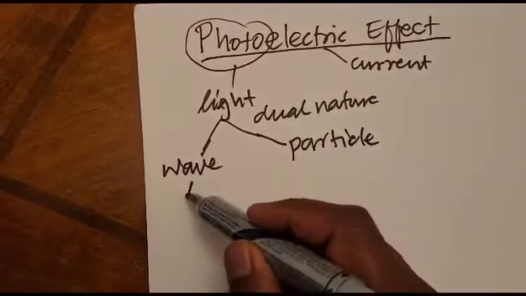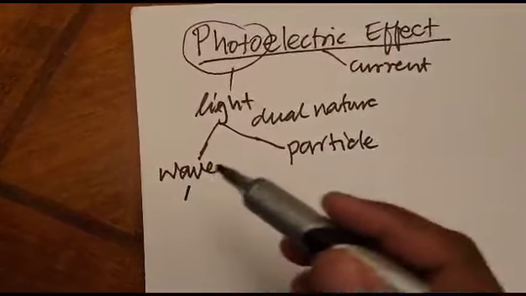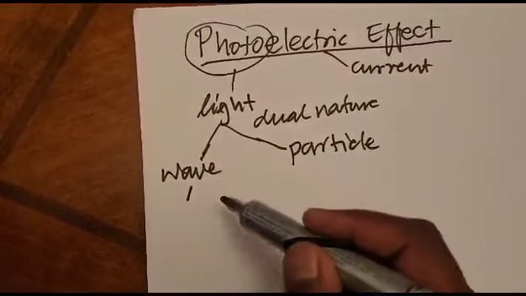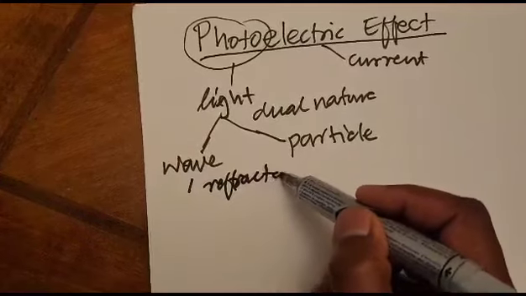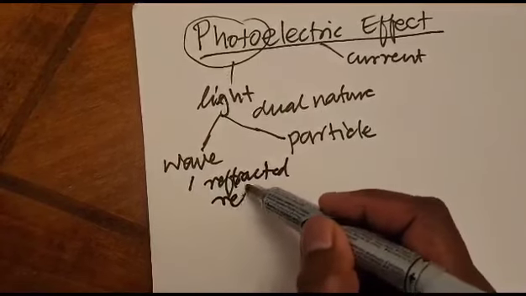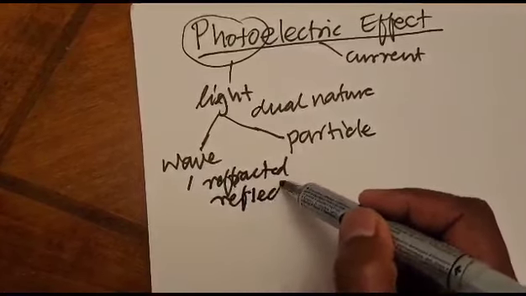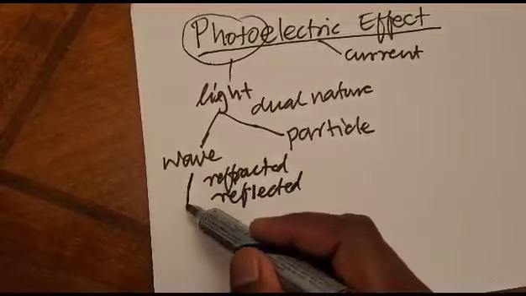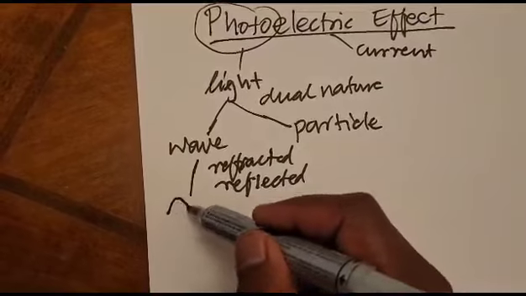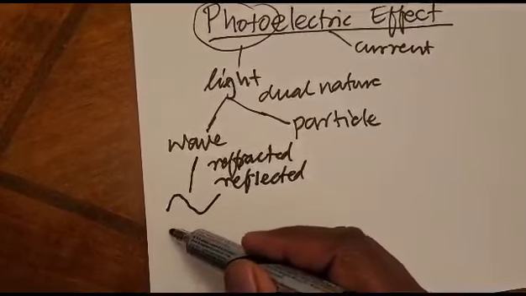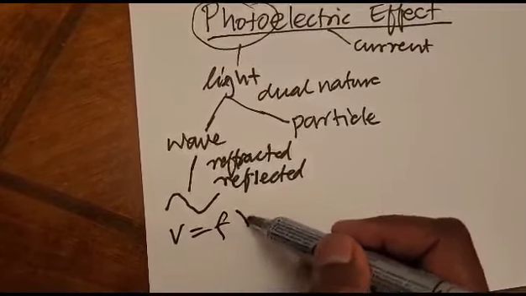Now, in the case of wave nature, we know the properties of waves. Waves can be refracted. Waves can be reflected. Those are properties of waves. Light can travel in the form of a wave, therefore we can calculate the speed of light using the wave equation.